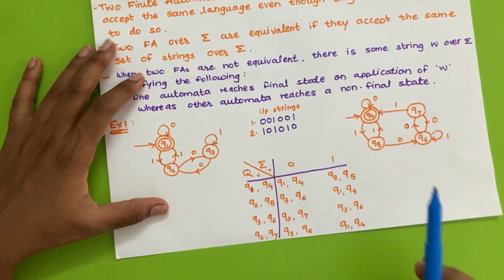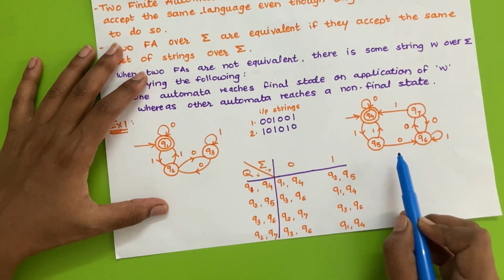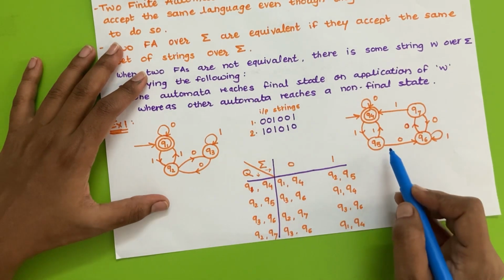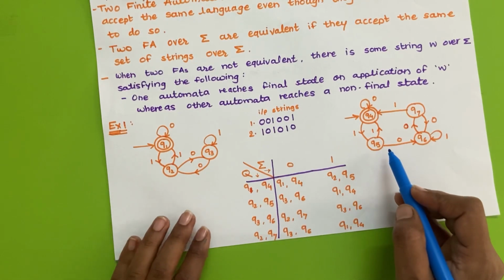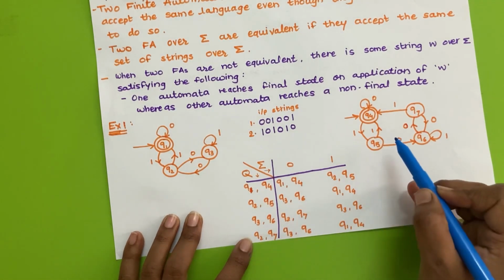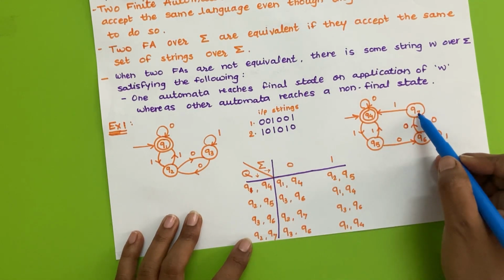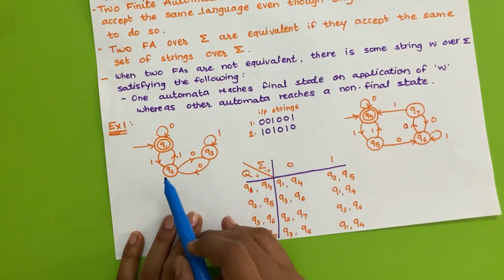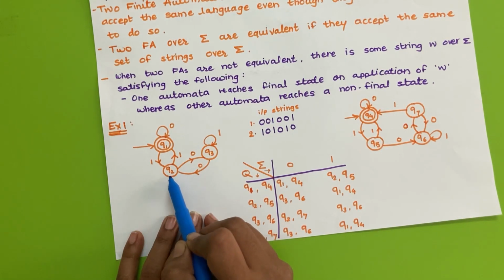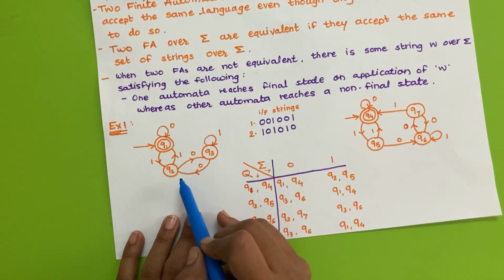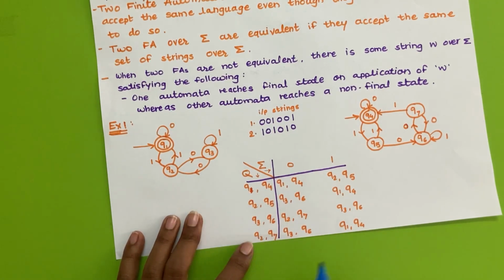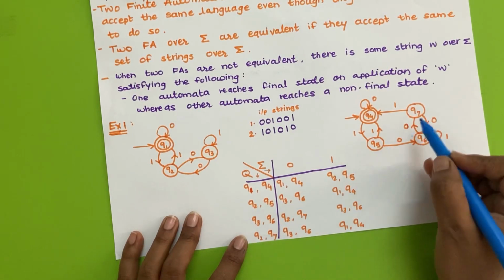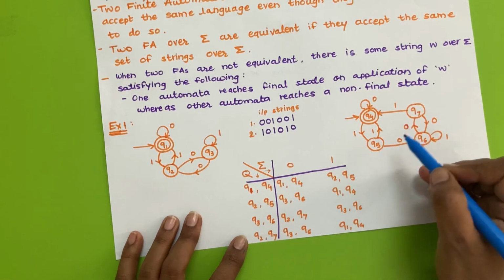If we go into more detail, we will observe that q5 and q7 work the same as the state q2 present in the first finite automata. So there is no need for these two states to be different.